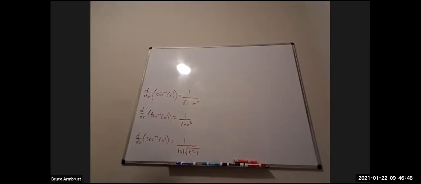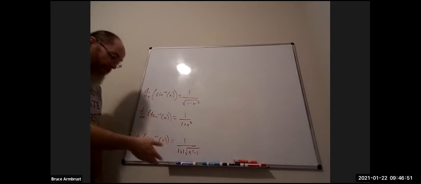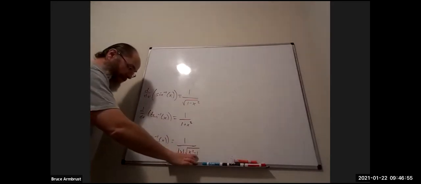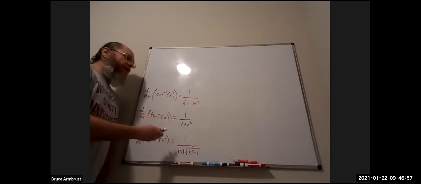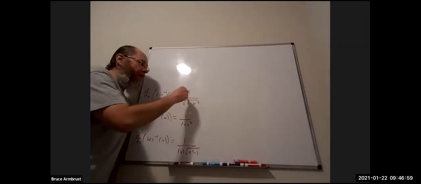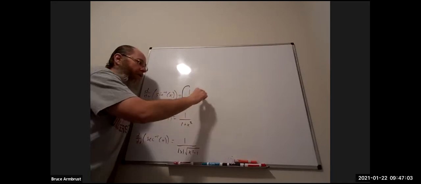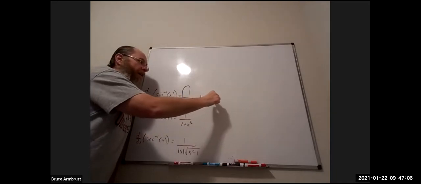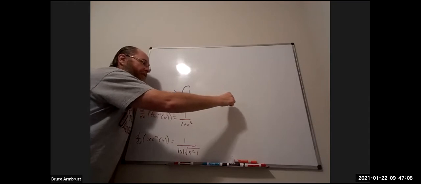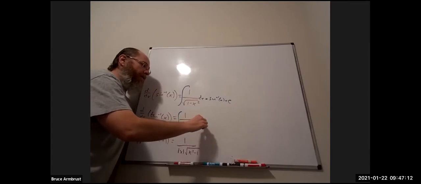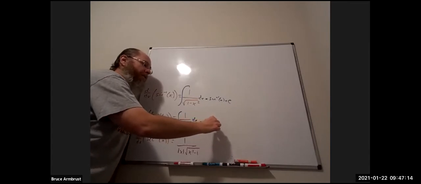Okay, so if these are the derivatives, obviously, in terms of integrals, if we go the other direction, if I were to integrate 1 over the square root of 1 minus x squared dx, I'm going to get inverse sine. If I integrate 1 over 1 plus x squared dx, I'm going to get inverse tangent.